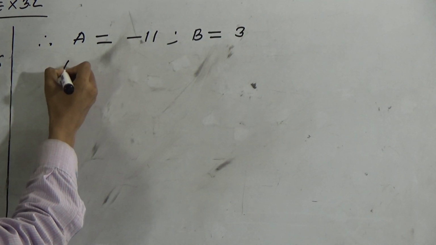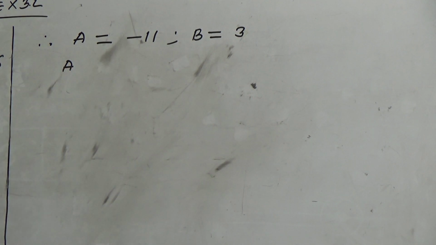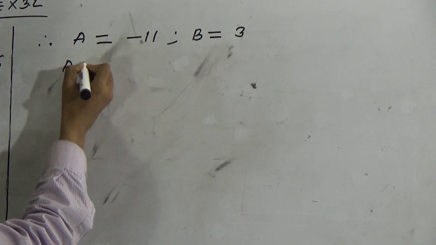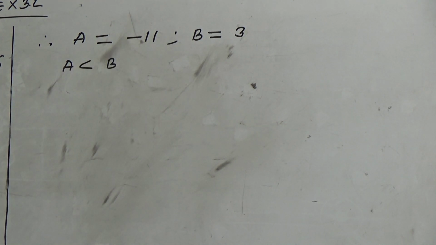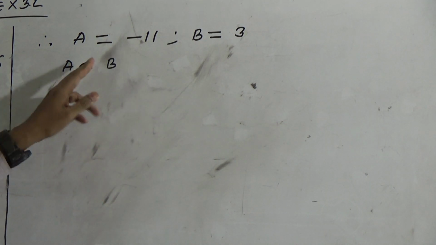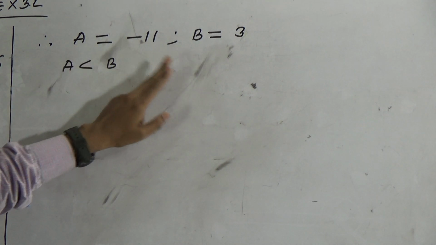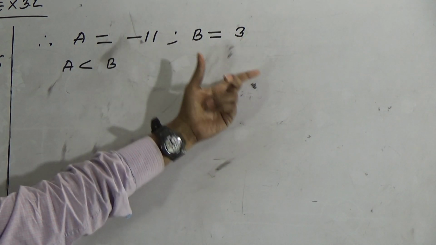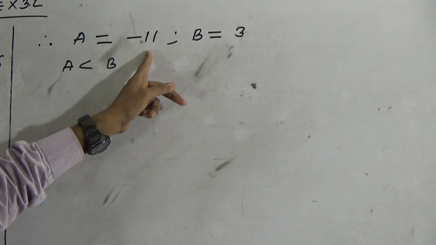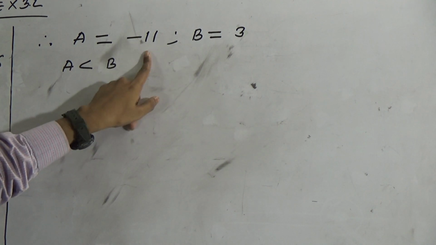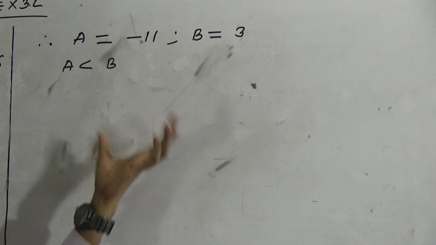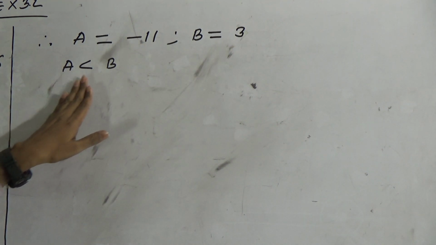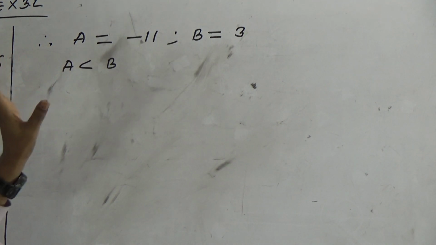That means A is less than B. Look, the value of A is -11 and the value of B is 3. This is positive 3 and this is -11. So obviously this is the smaller and this is the bigger. So we can write A less than B. That means B is the bigger.